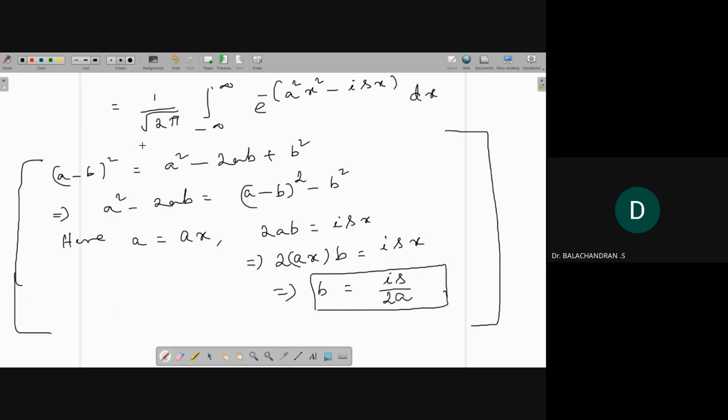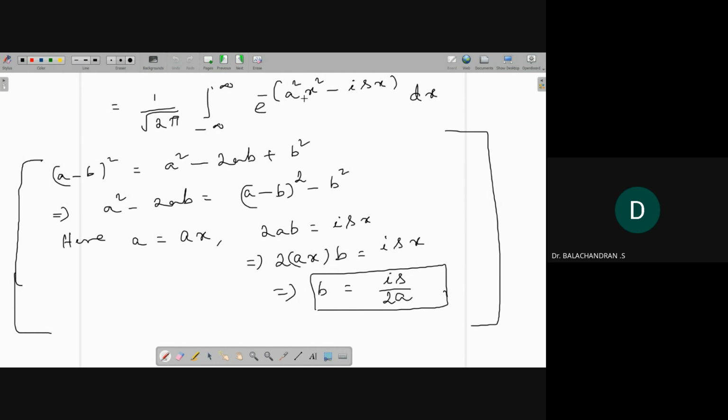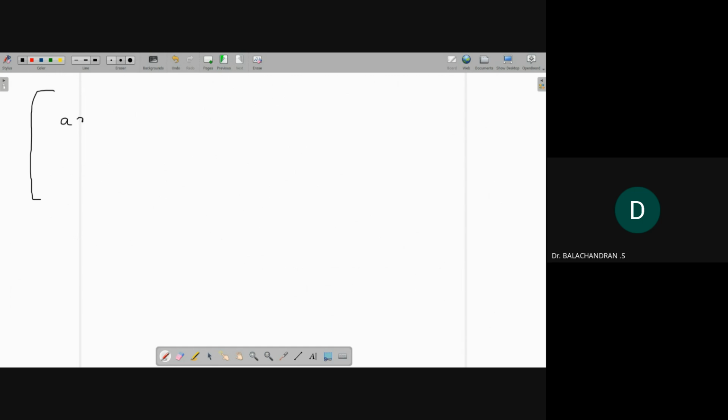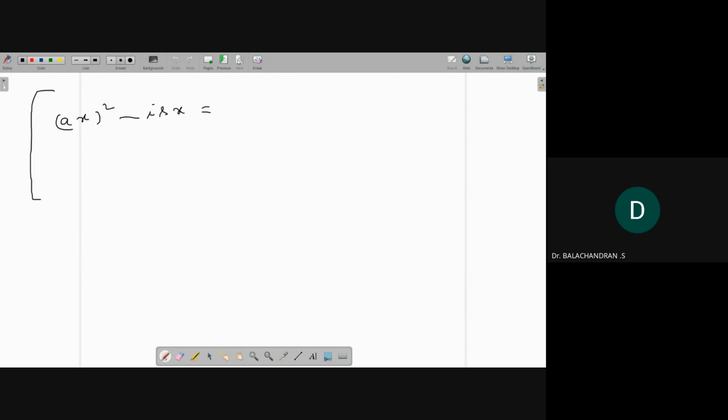Next slide also I'm going to do some small work. So (ax) whole square minus isx is actually of the form a square minus 2ab.